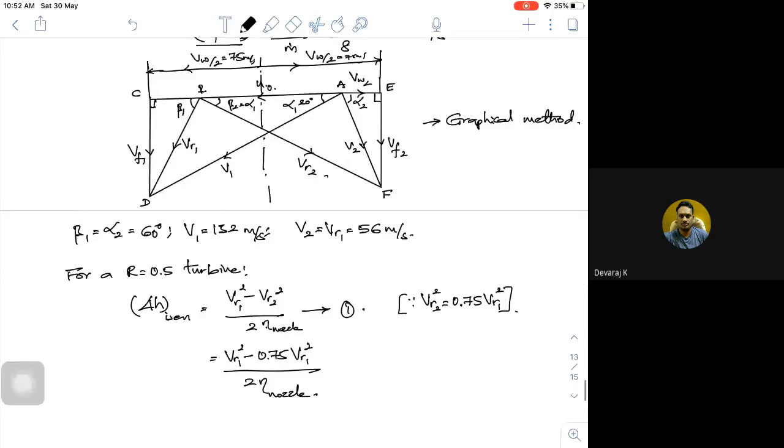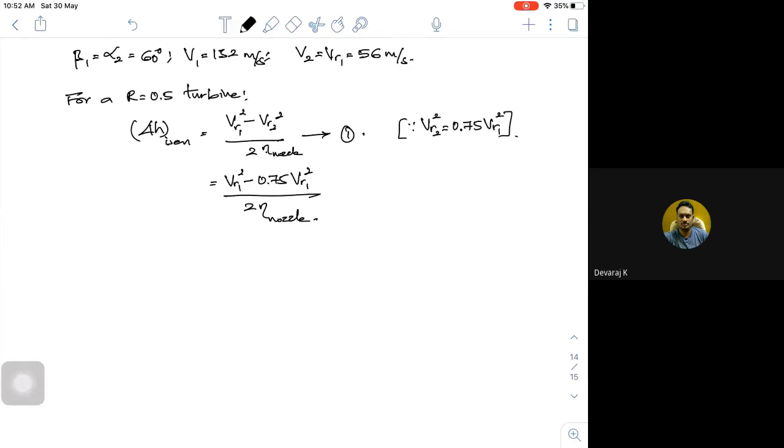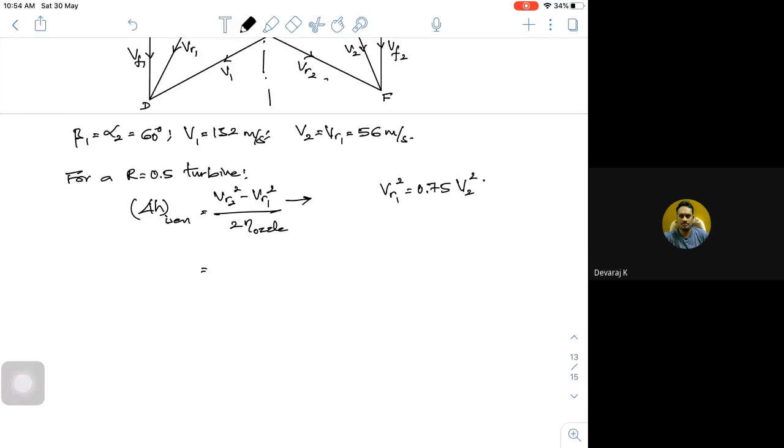So VR1 square minus VR2 square divided by 2 times your nozzle efficiency. My VR2 is equal to V1, so it is 132 square minus 0.75 into 56 square, divided by 2 into 0.9.